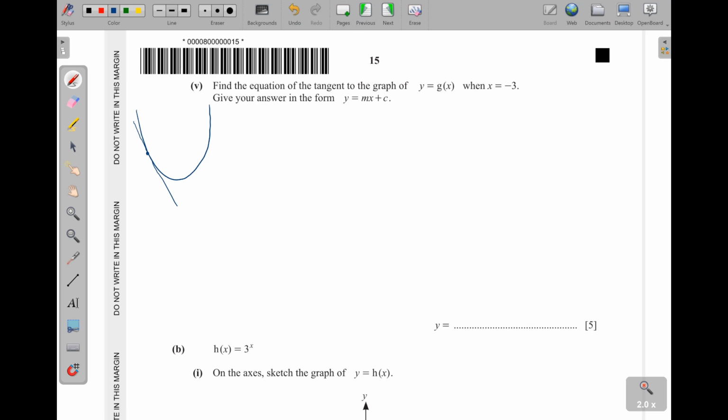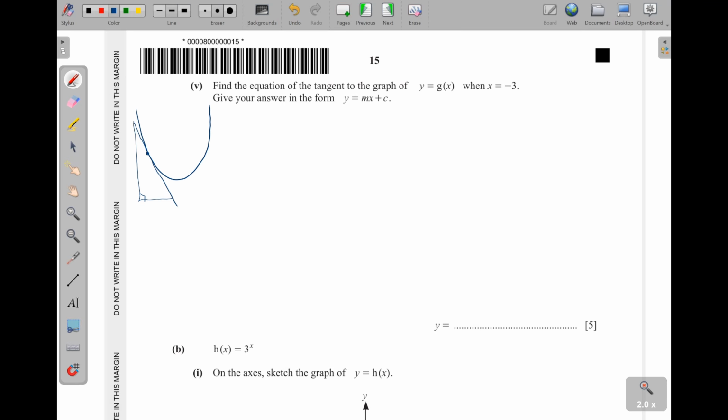Now, the gradient between any 2 points on the line is always constant, okay? And remember, we say change in y over change in x, okay? But the gradient at any point on the curve is always different. So that means at the point of intersection, the gradient of the line and that of the curve are equal, okay?